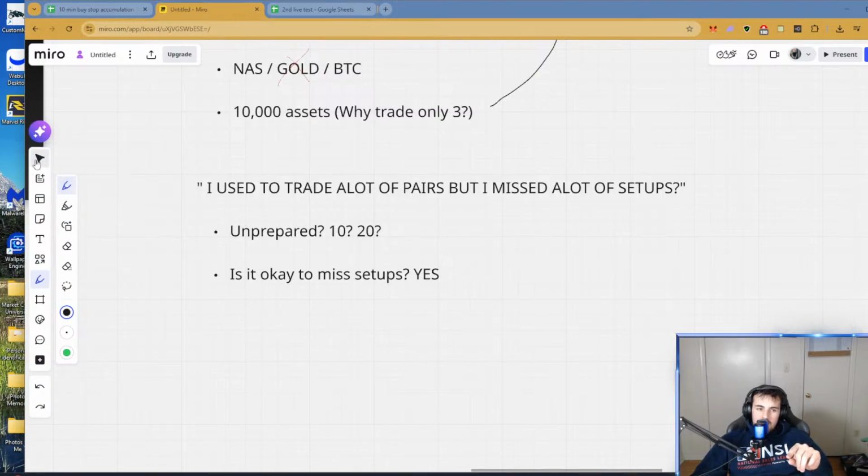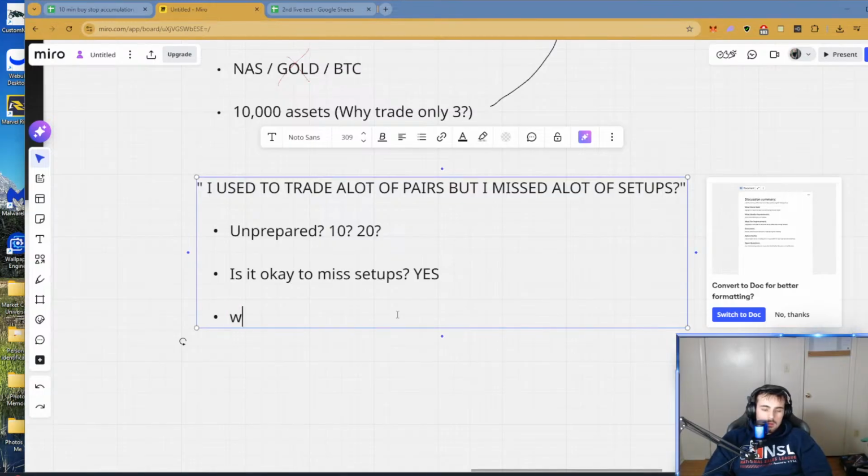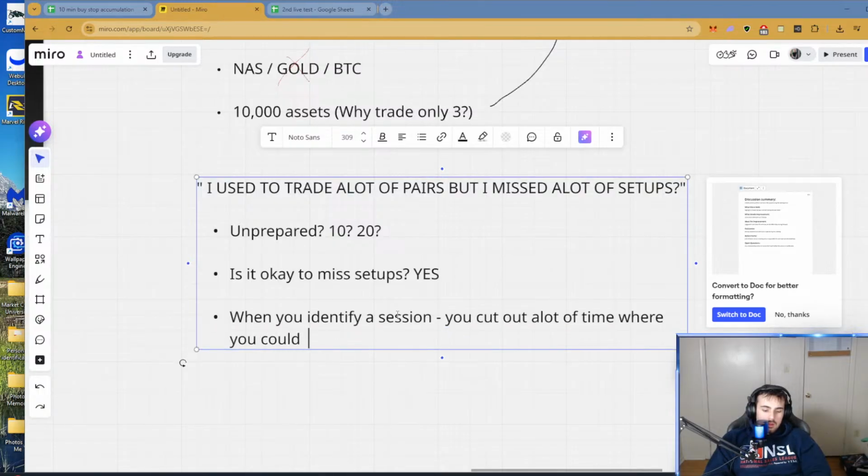Because when you identify a session, you cut out a lot of time where you could potentially participate in random actions.